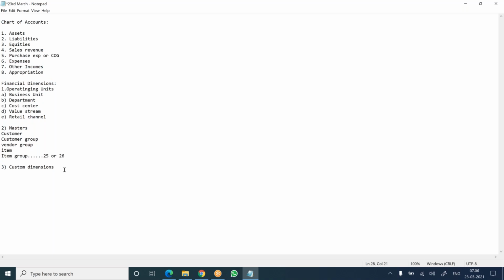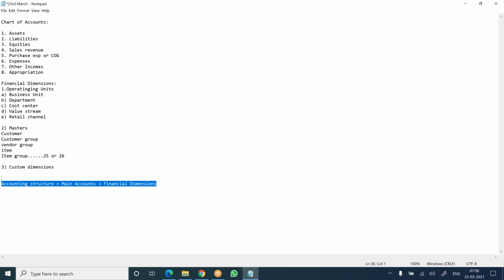Now, accounting structure means main accounts plus financial dimensions. This combination is the accounting structure, or configure account structure.